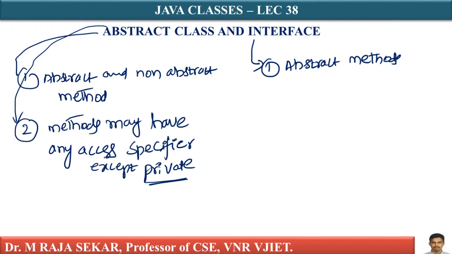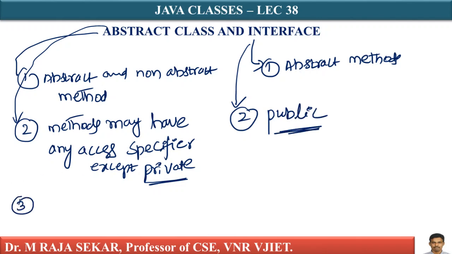For the time being, just understand that in the case of an abstract class, methods may have any access specifier except private. Let me say this. What about an interface? In an interface, the access specifier must be public. I will discuss these access specifiers in my next lecture.